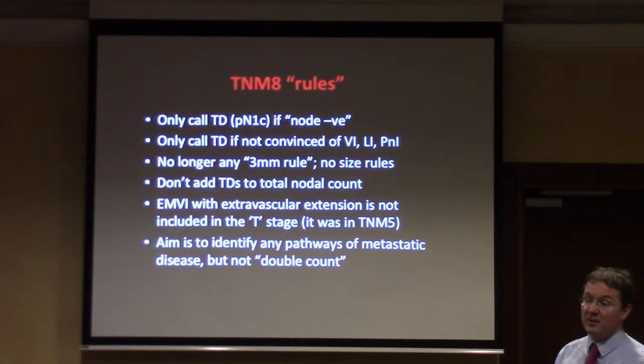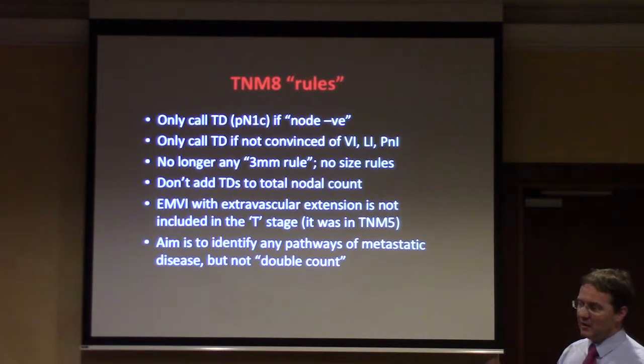But we're just not making it up anymore. We're not saying, oh, well, there's 3 millimetres or more that must have arisen within a node. We're actually trying to be dogmatic and say we're convinced that it is related to one of those pathways, and if we're not, then we call it tumour deposit.